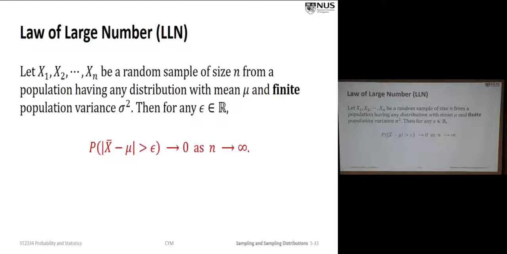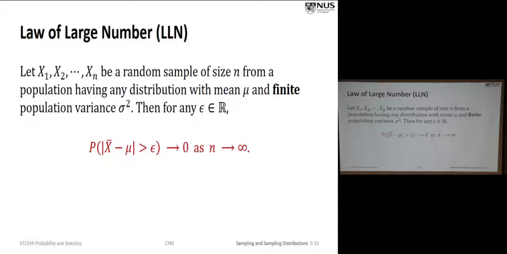This is something I mentioned earlier, called the law of large numbers. There are two versions. What we have here is sometimes referred to as the weak law of large numbers, but don't worry about it. The strong law is more complicated.